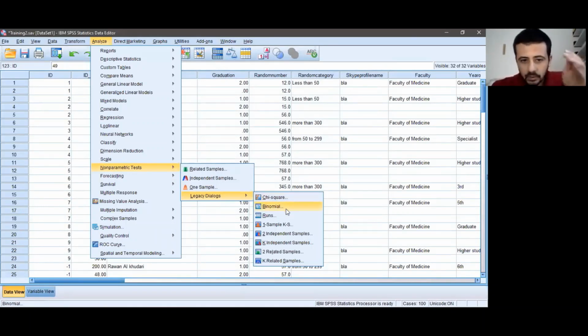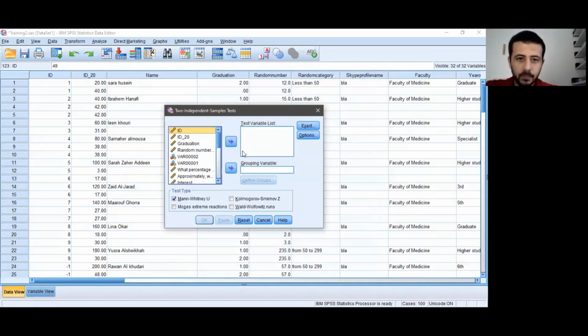Just leave those because maybe we discuss them next time, but we won't have a lot of time to do them right now. We will take the two independent samples from here. They are actually the same, but this button will take less time. Two independent samples. I will check the ID.